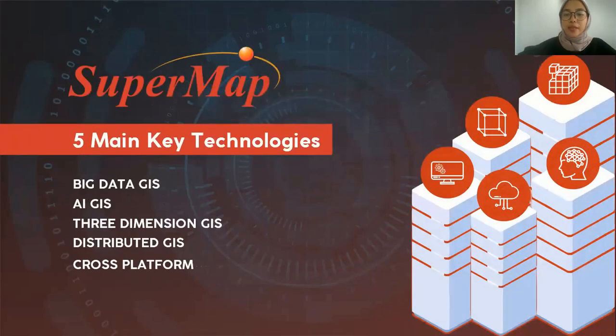And the last one is cross-platform. For cross-platform, SuperMap can run not only on the Windows operating system, but also on Linux. And we can bring you a very good experience, not only on desktop, but also in web-based applications and also mobile applications.